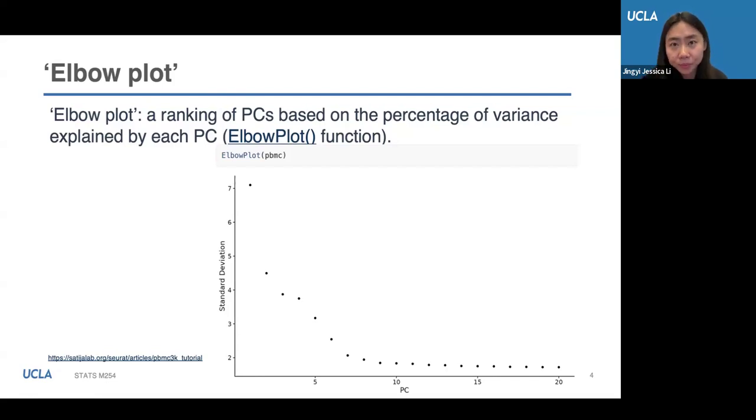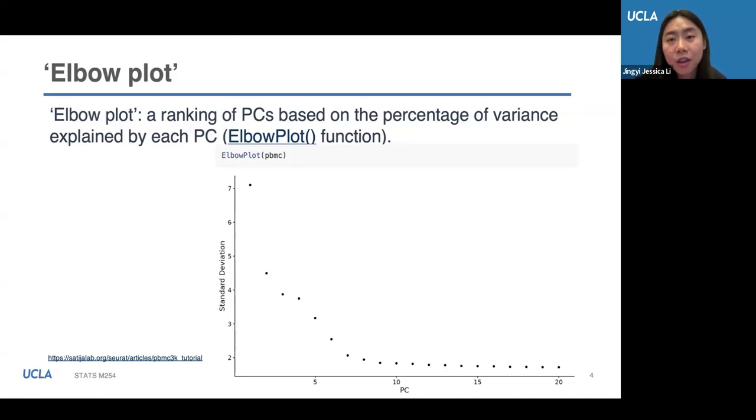One thing I hope to clarify a little bit for our students is the difference between loadings and PCs. If you recall the notation I used in the last lecture on the board, the phi's, the coefficients of the original features, are loadings.